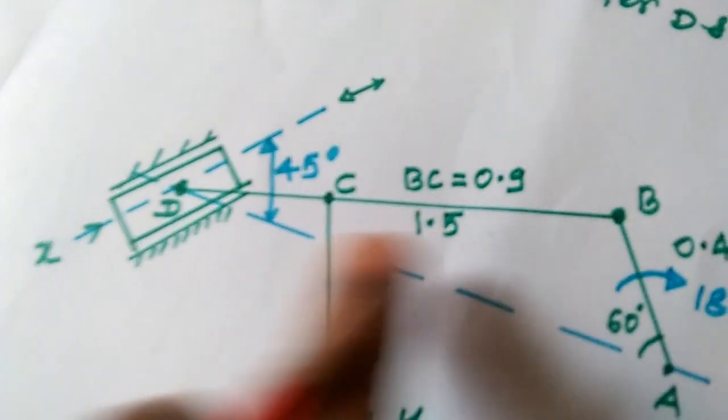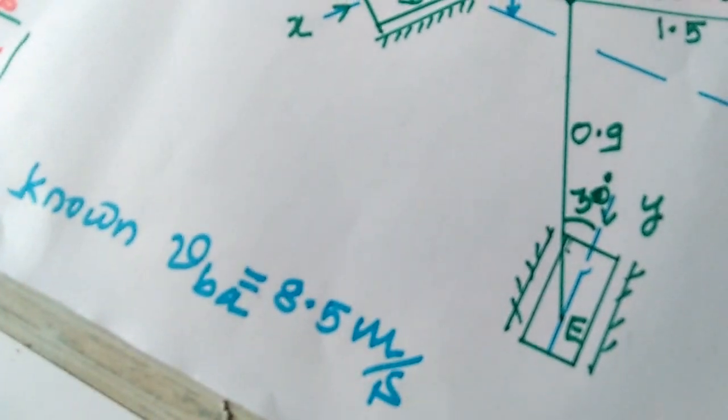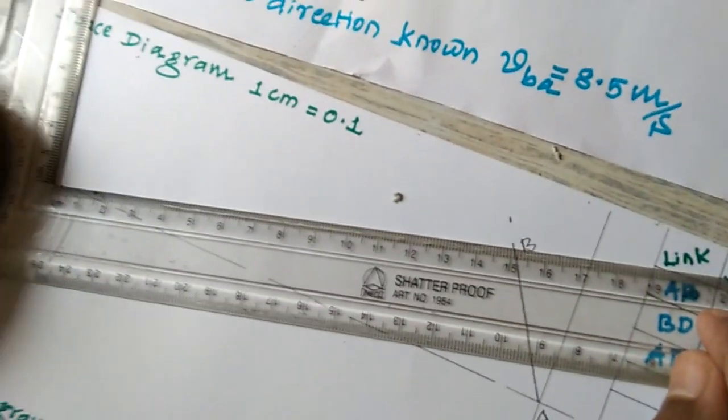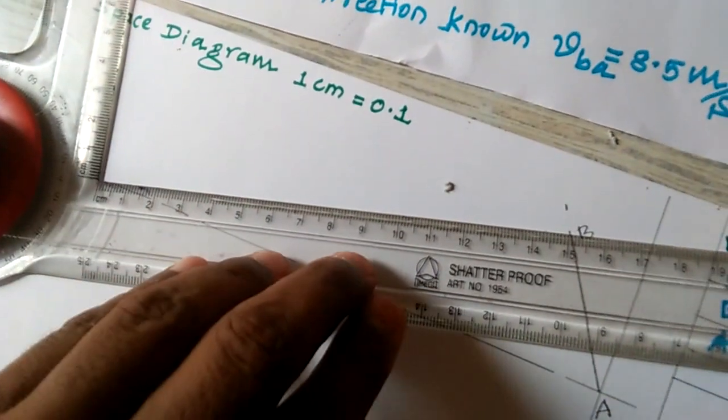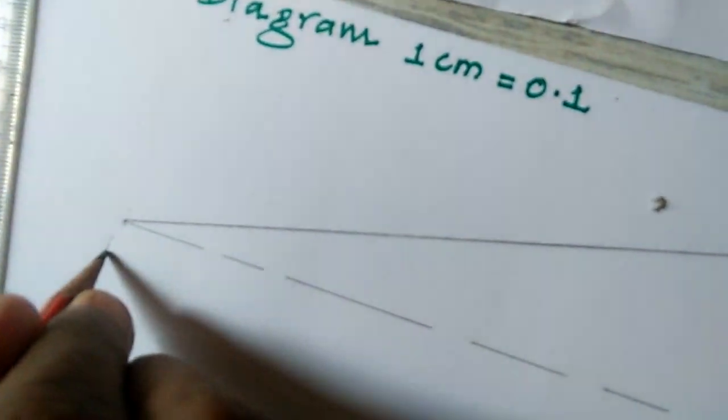Then you have to take 15, that is 1.5. BD is given as 1.5, means that comes as 15 centimeter, and you draw the line to get this point as D point.